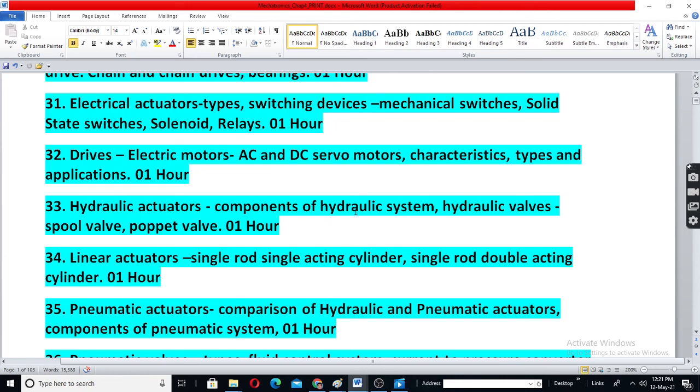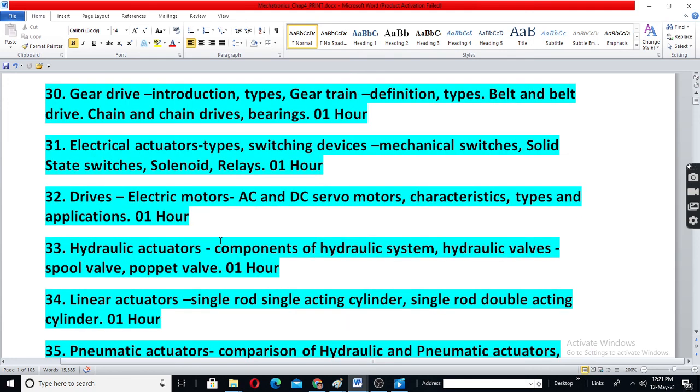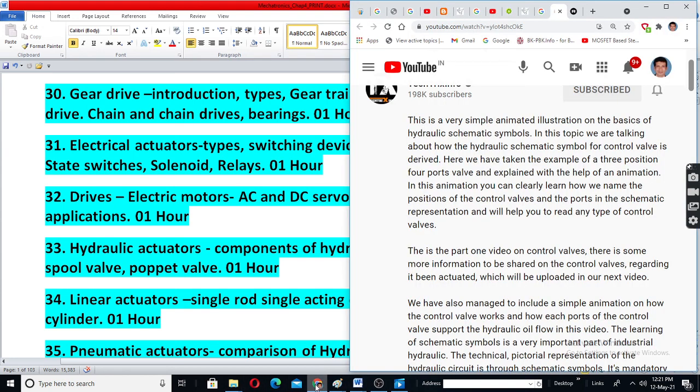In 1 hour we study the block diagram, the two types, single acting and double acting cylinder, hydraulic valves, etc. So I don't think there is a need to study everything in detail. Understand the basic operation. That is important, otherwise we will not enjoy the subject.